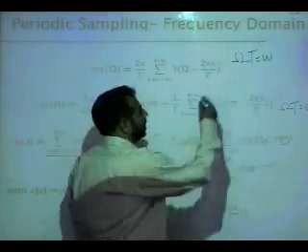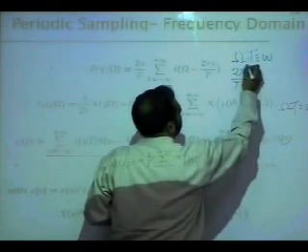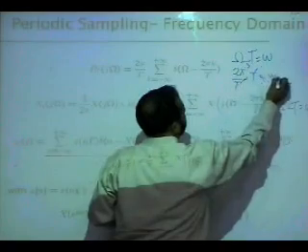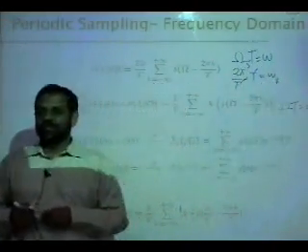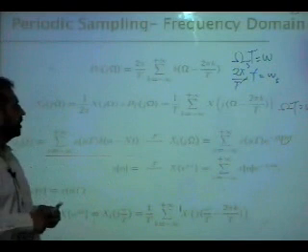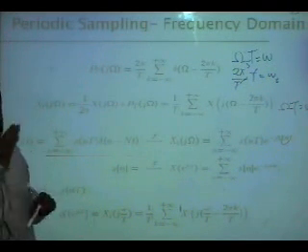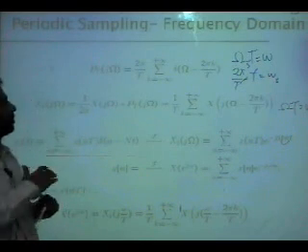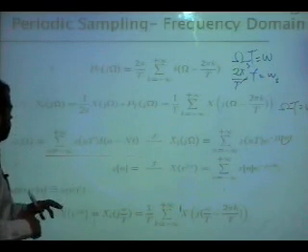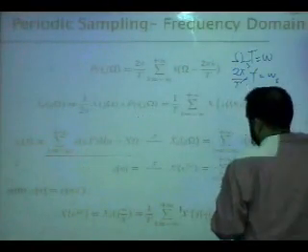For example, what is the sampling rate? 2 pi over capital T. T cancels out. This is the digital frequency, the sampling frequency. A discrete time sampling frequency is always at what? Always at 2 pi, minus 2 pi, 4 pi, minus 4 pi. So this is what is done here and shown here.